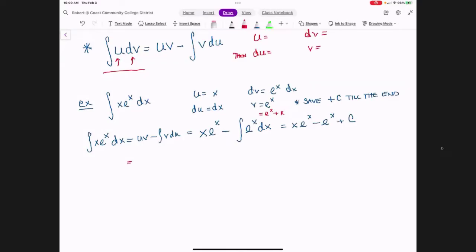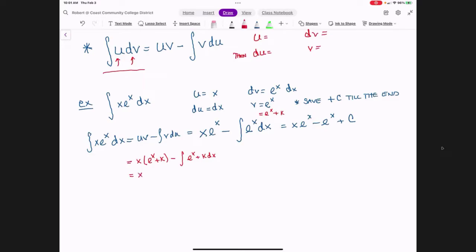So then this would be uv, x times e to the x plus k, minus the integral of v du. Well, that's going to be e to the x plus k dx.